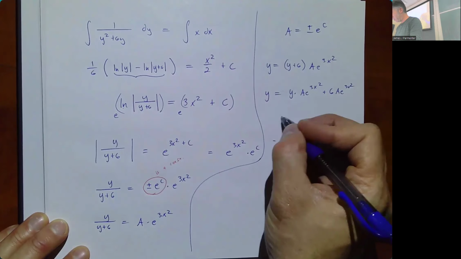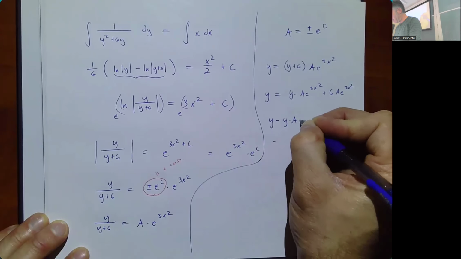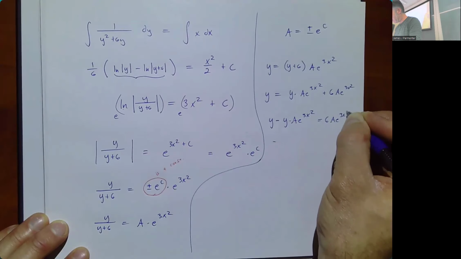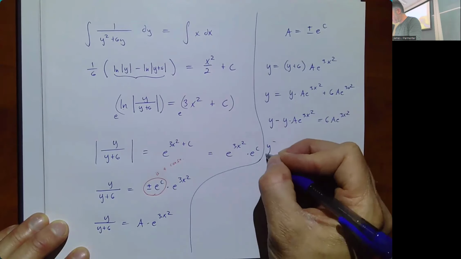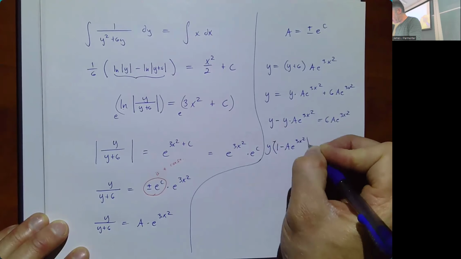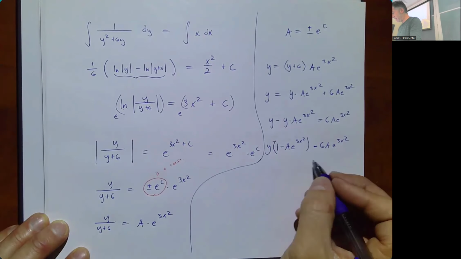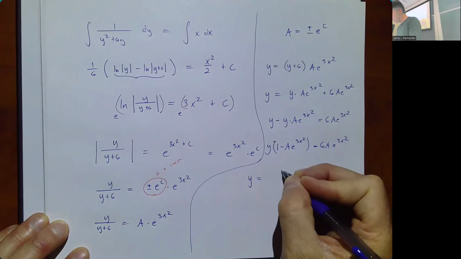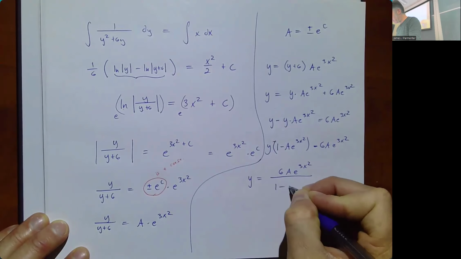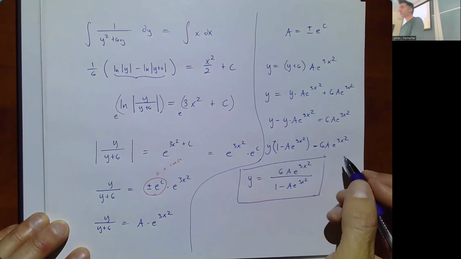We're going to bring that term over, so y minus y times A e to the 3x squared is equal to 6A e to the 3x squared. Factor out a y: y times 1 minus A e to the 3x squared equals 6A e to the 3x squared. And finally, divide by that to get y equal to 6 times A times e to the 3x squared divided by 1 minus A times e to the 3x squared. Yeah, it's kind of a terrible thing.